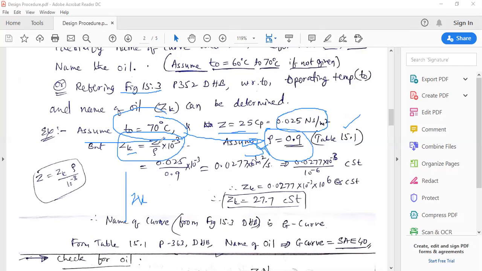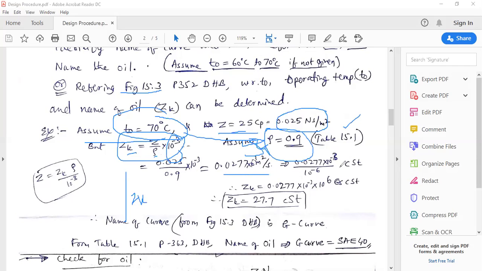So Z, in Newton second per meter square, divided by rho into 1000, gives the value of Zk in meter square per second.